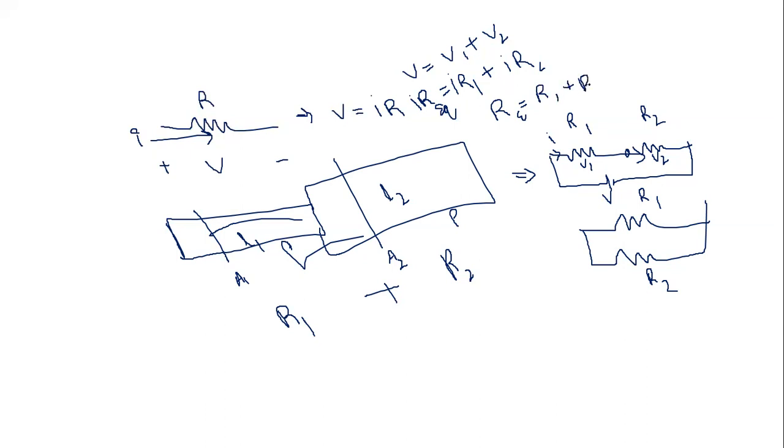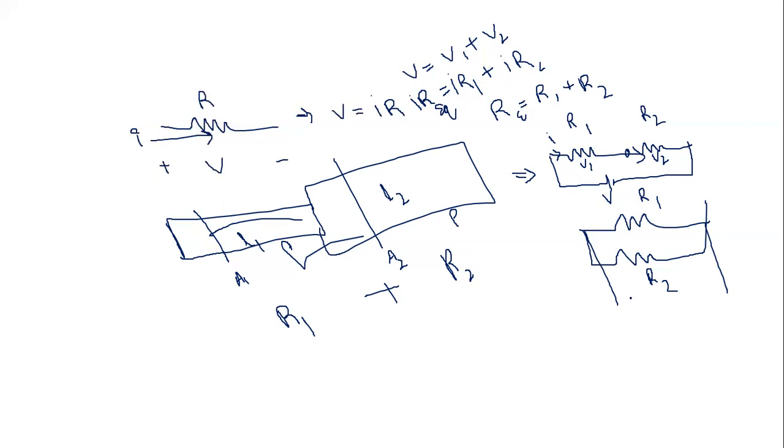You can apply the same principle for the parallel connection, where the current will divide, but the voltage is same because the two terminals of resistor 1 and resistor 2 are same. Therefore, V is equal to V1 is equal to V2. But I will divide, because the two tubes are connected in parallel, meaning some amount of water will flow in one tube and the remaining amount will flow in the second tube.